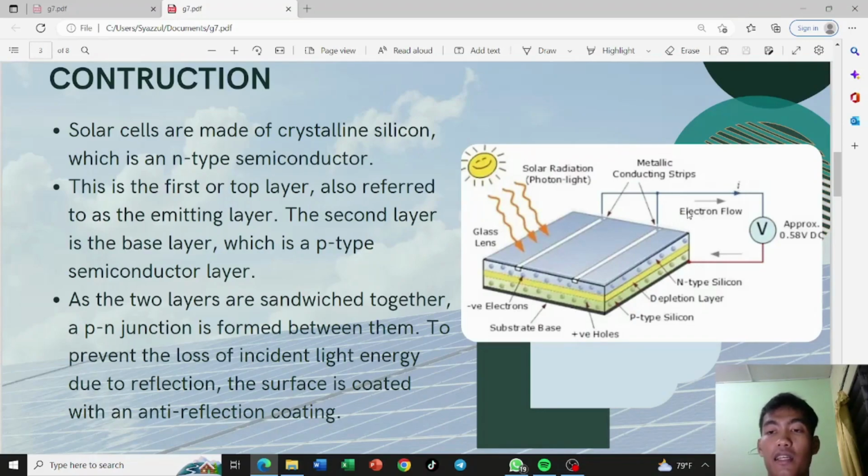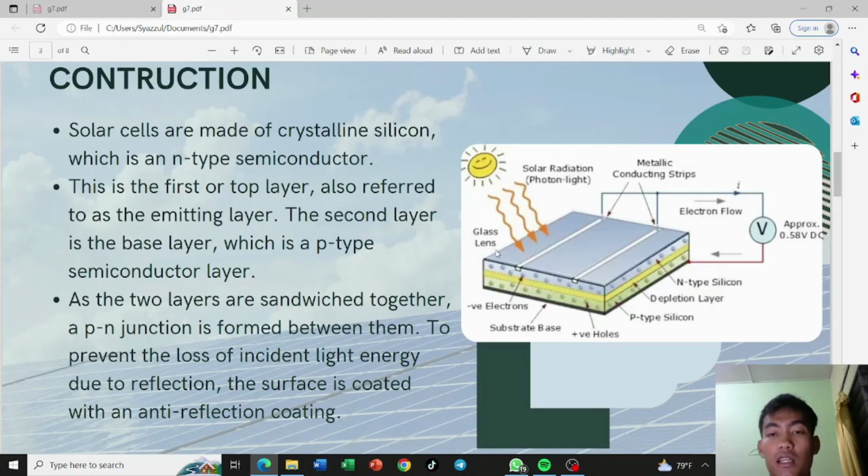This is the electron flow. When it goes to the inverter, it changes the DC power to AC power. After they change from DC power to AC power, we can use it in our home.